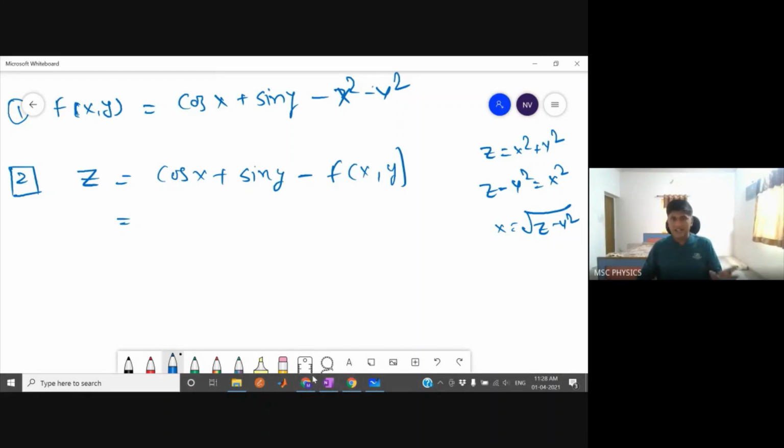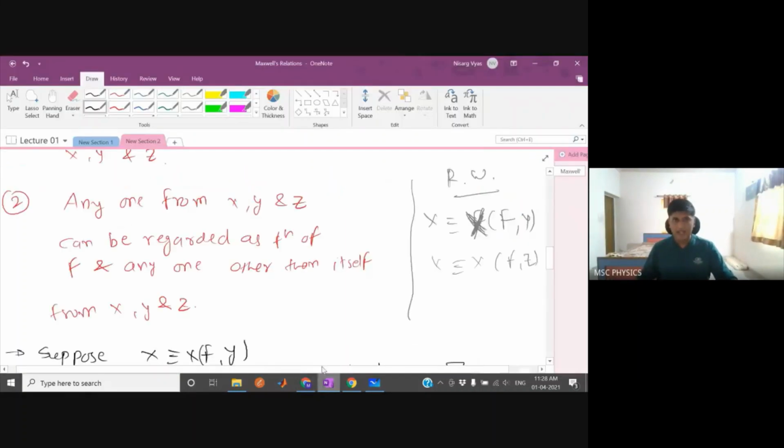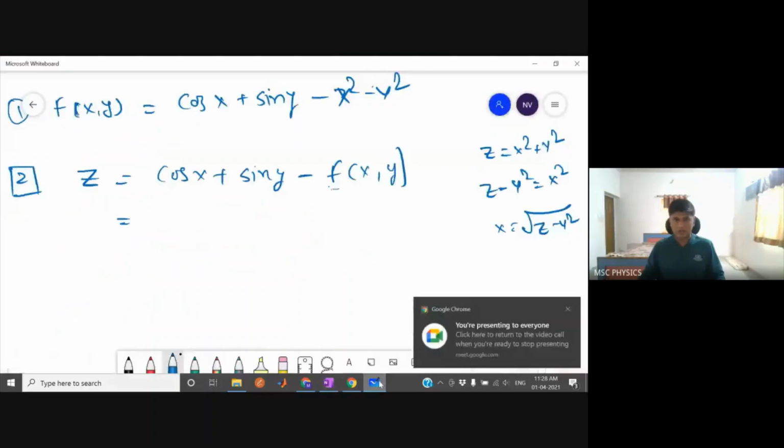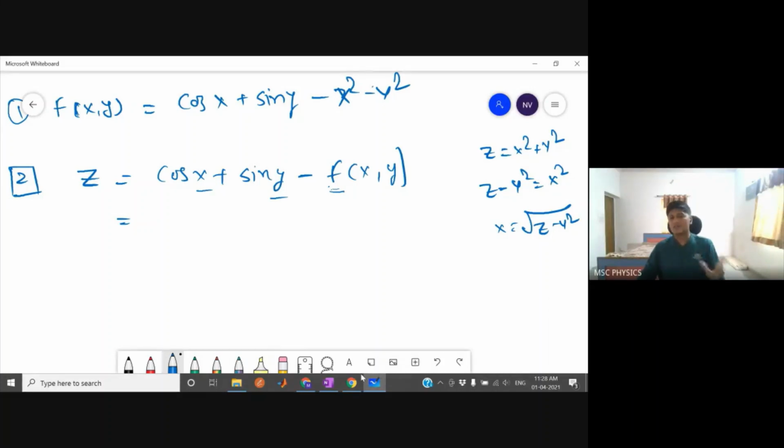But now, z can be represented as a function of either f and y or f and x. That's what I wrote here: any one from x, y, and z can be regarded as a function of f and any one other than itself. So you can regard z as a function of x, y, and f, but now you can change x in terms of z as well.